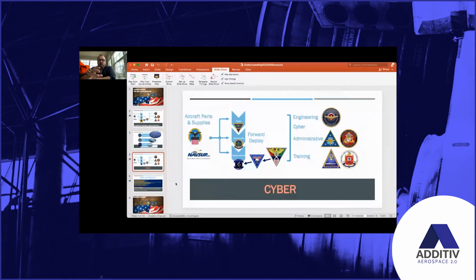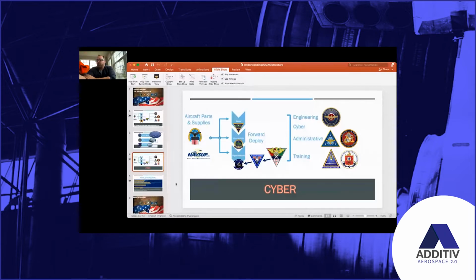And on top of all of this, there is this new, it's not necessarily new, but there's this environment that needs to be considered, and it is the cyber realm. Cyber affects all of this, making sure that the supply chain stood up is within regulations and will not be susceptible to foreign adversaries.